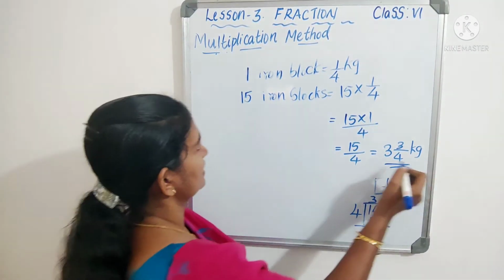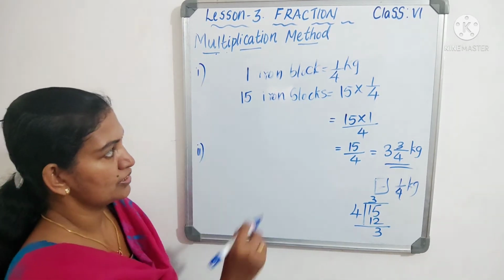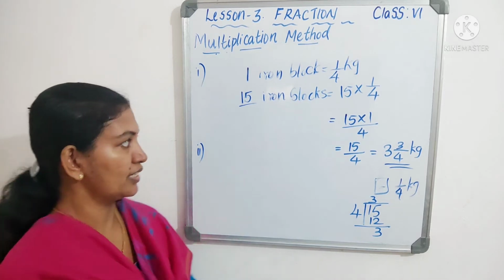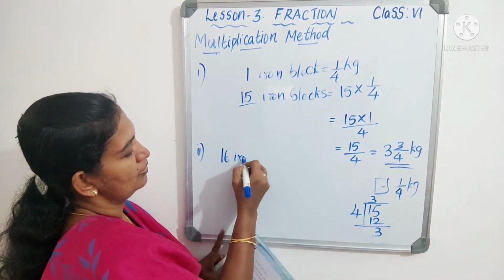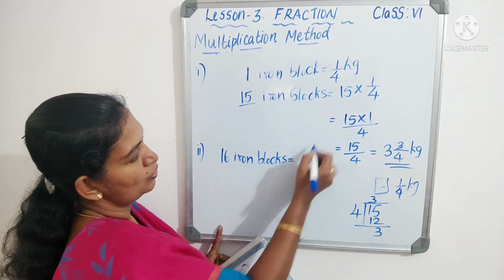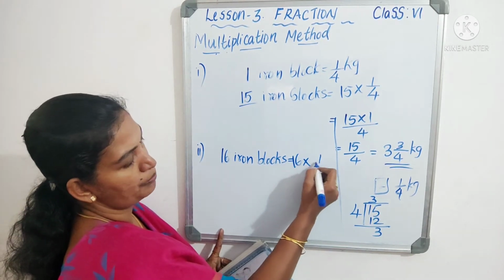Okay. Next, the second part of the question. The same question, but we have to find the weight of 16 iron blocks. That is 16 into 1/4.